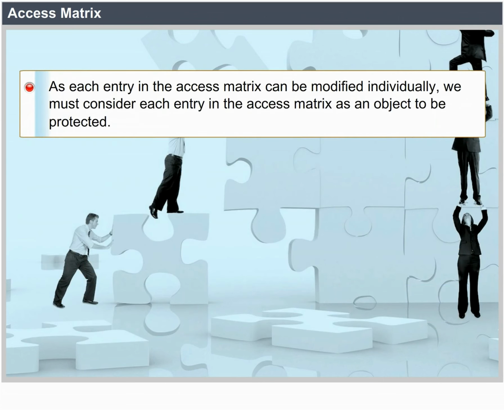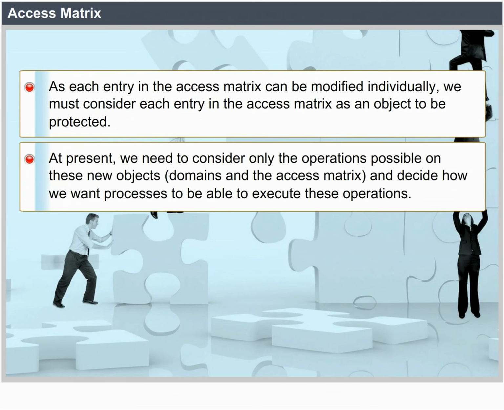Actually, since each entry in the access matrix can be modified individually, we must consider each entry in the access matrix as an object to be protected. Now we need to consider only the operations possible on these new objects, domains and the access matrix, and decide how we want processes to be able to execute these operations.